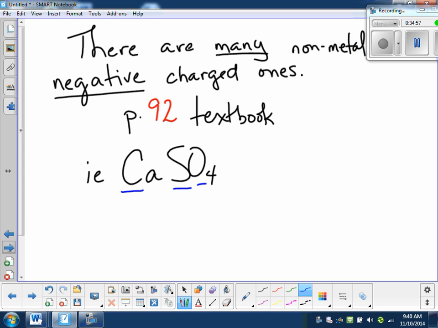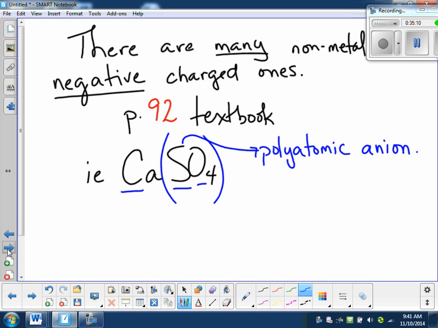So you will, with a little practice, recognize that this is a polyatomic anion. So if you look on your chart on page 92, can you tell me what the charge and the name of SO4 is? Elijah, I need you to follow me here. I know this lecture's going on a while, but it's -2, and what's the name of it?